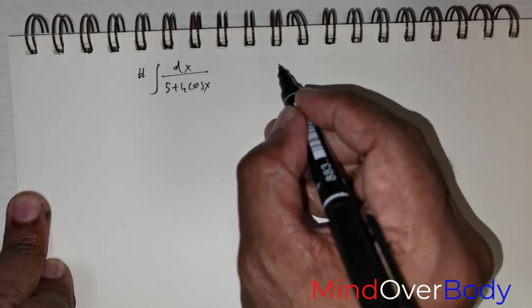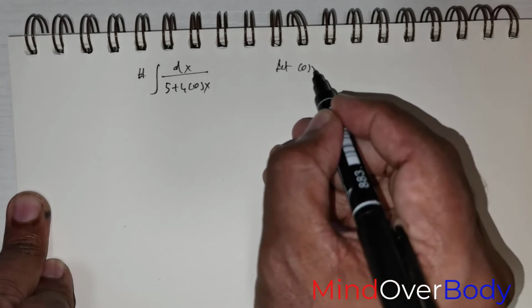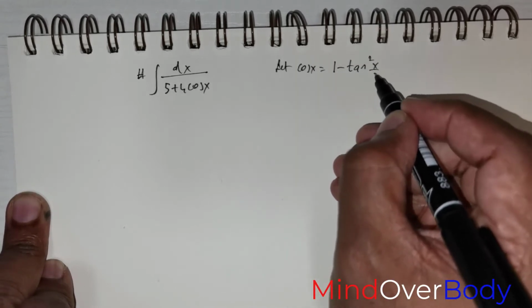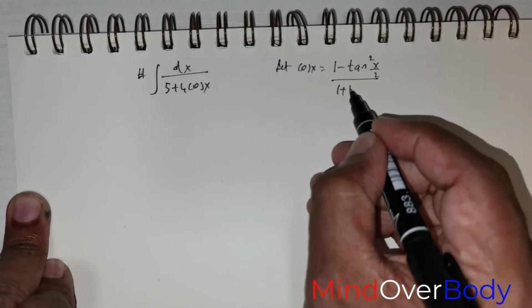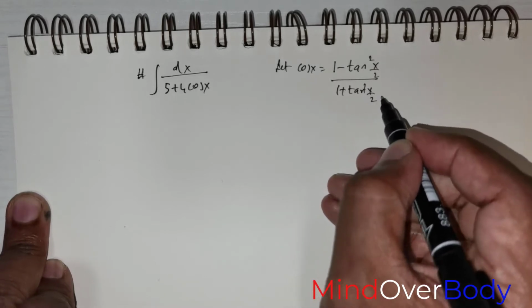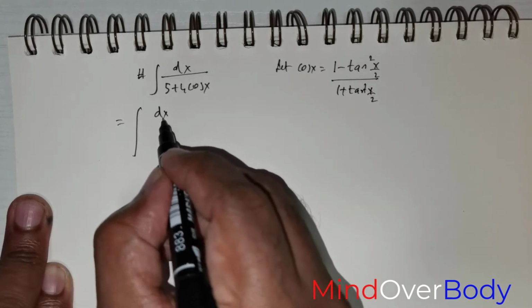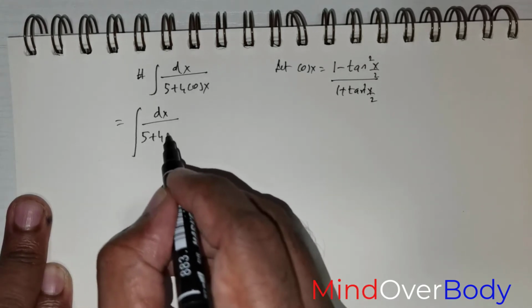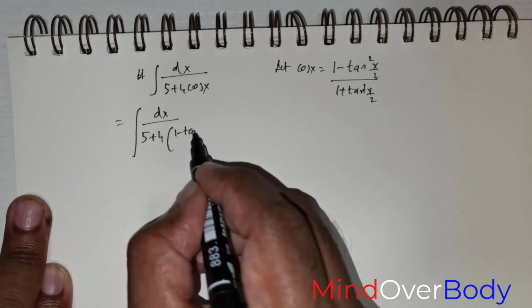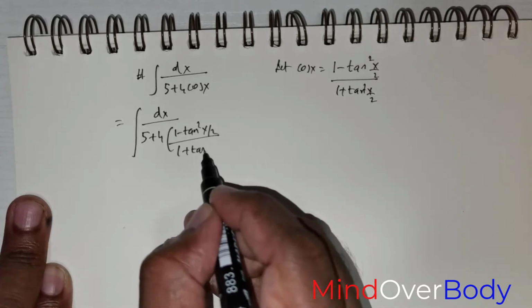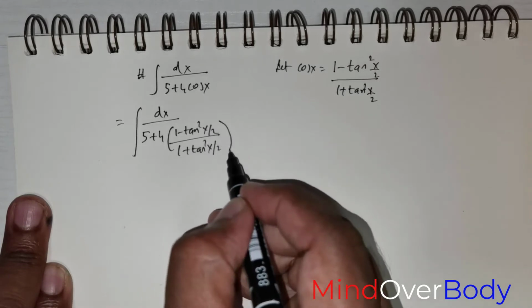So what I would do is I will take cos x to be equal to 1 negative tan squared x over 2 divided by 1 positive tan squared x over 2. So therefore the original integral can be rewritten as dx over 5 positive 4 times of 1 negative tan squared x over 2 divided by 1 positive tan squared x over 2.